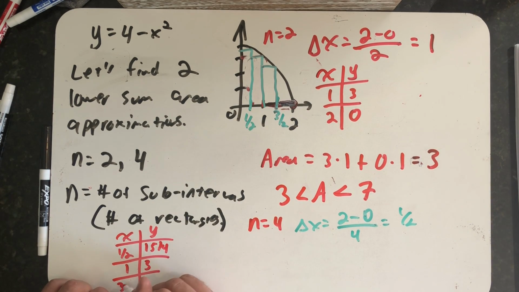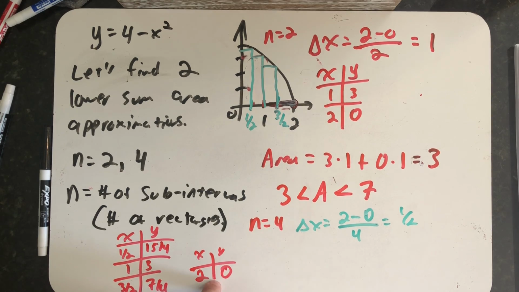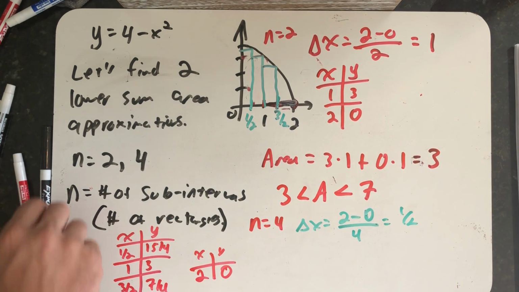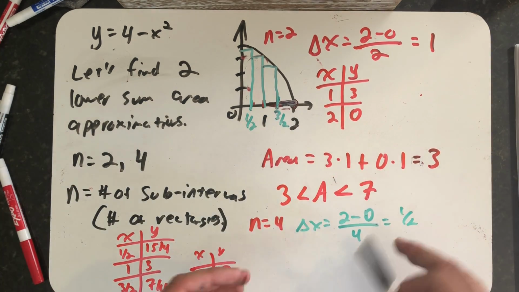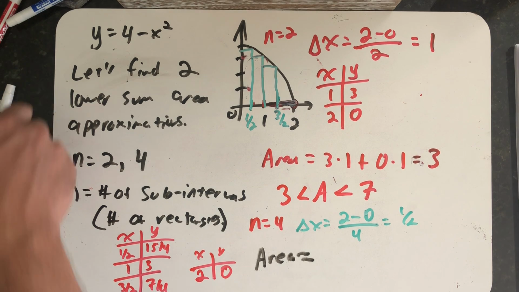The next one at 3/2, where I get out 7/4. And that final rectangle comes when x is equal to 2, and I definitely get out a height of 0. I ran out of room there at the bottom of the board, so I just stuck that one over there. Even though I know it's equal to 0, I want to think about that rectangle when I write out my calculation. So this would tell me the area is approximately.